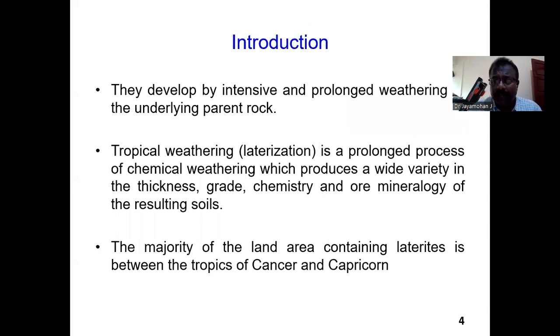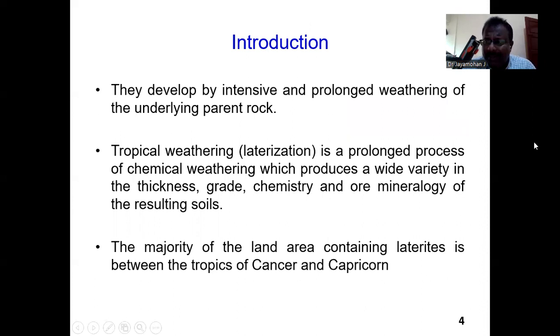Now, these laterite soils are formed due to intensive and prolonged weathering of the parent material. This type of tropical weathering is commonly known as laterization. It is a prolonged process of chemical weathering. Usually, due to chemical weathering of rock, clay minerals are formed, but this is a prolonged process.